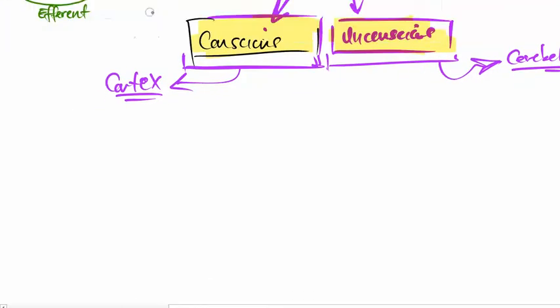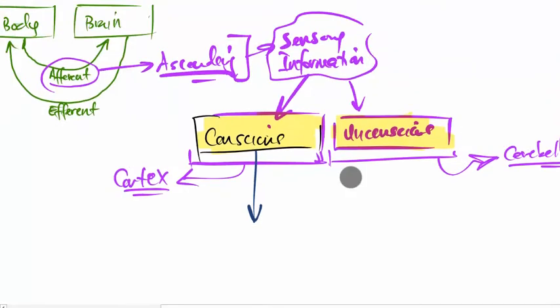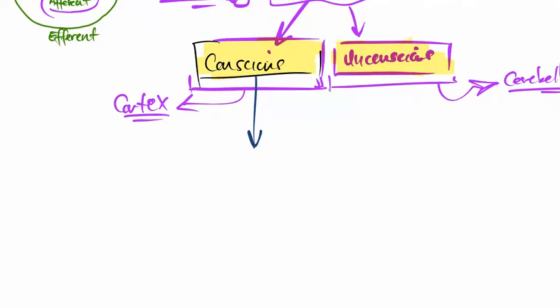So in terms of the conscious sensory information, we're going to have two different tracks, right?